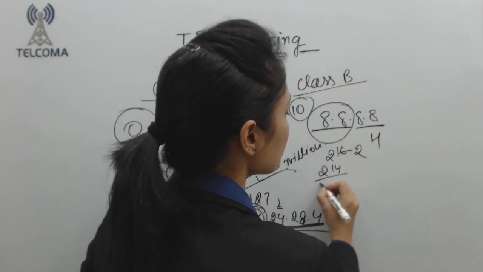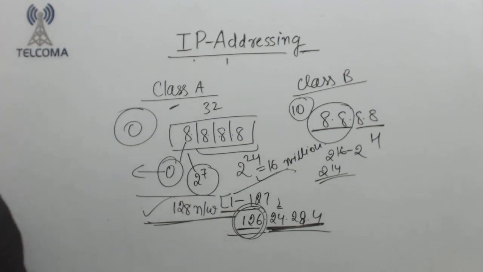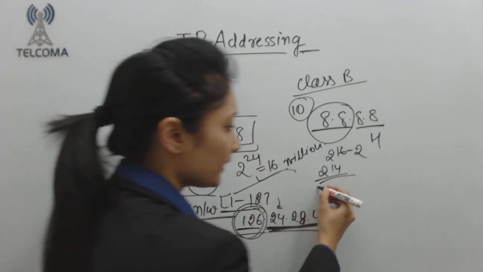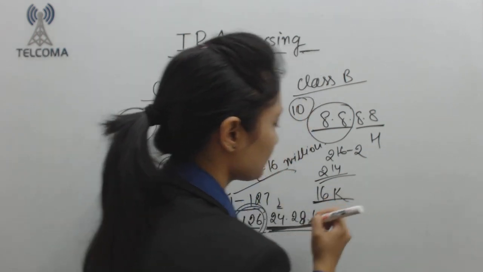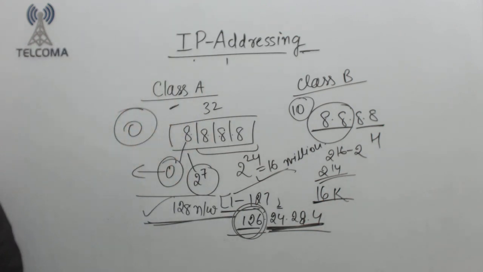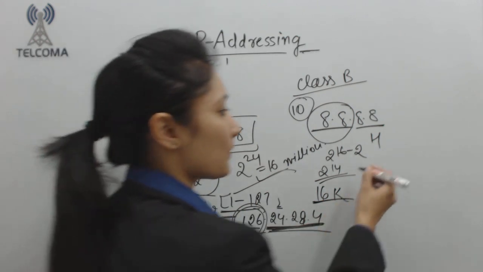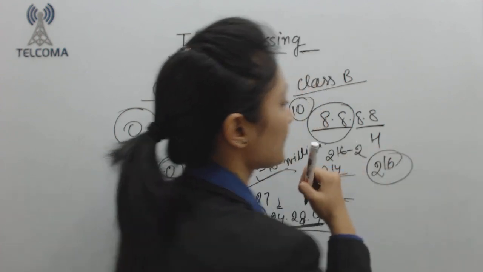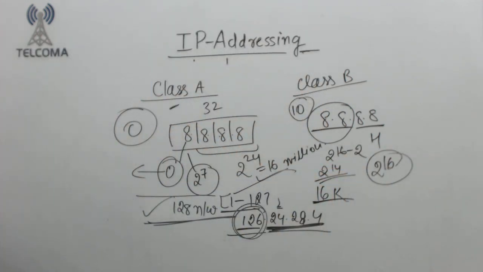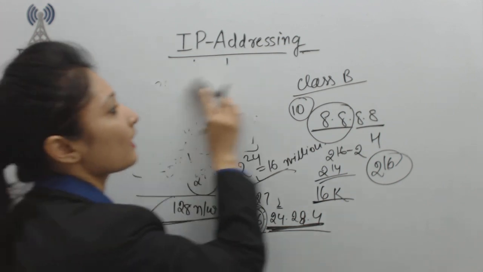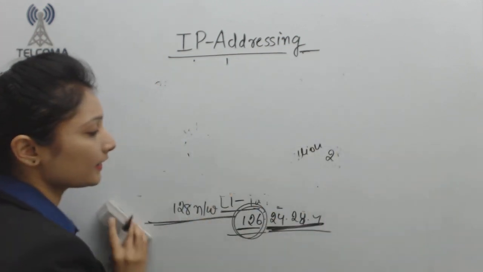We're left here with 2 raised to power 14. So that is approximately 16,000 network addresses, and then 2 raised to power 16 will be your host IDs. So similarly we can calculate here for class B, class C and class D.